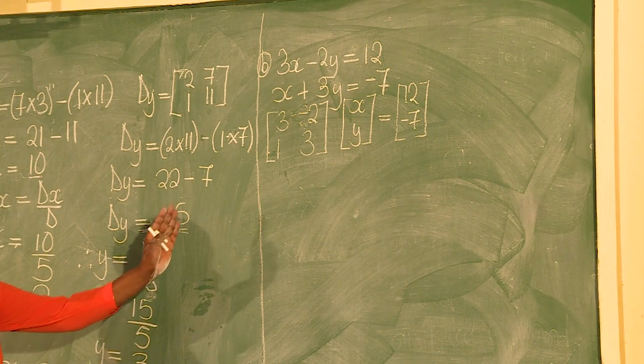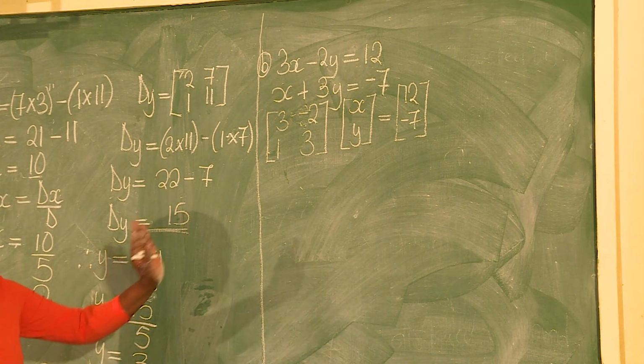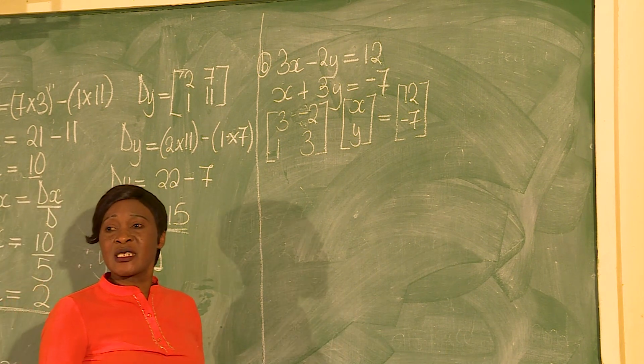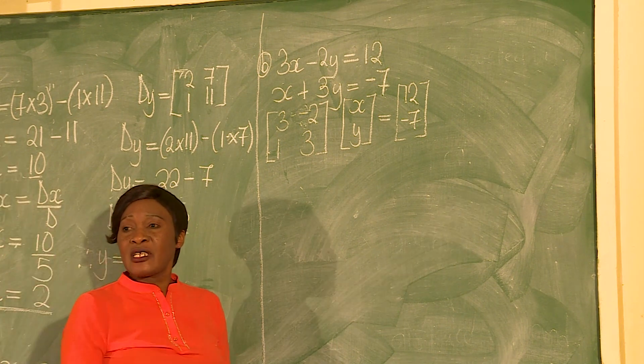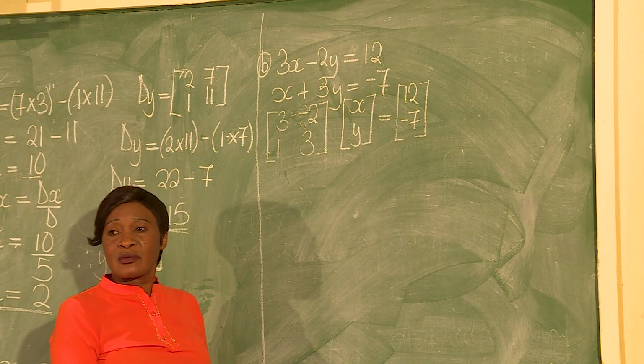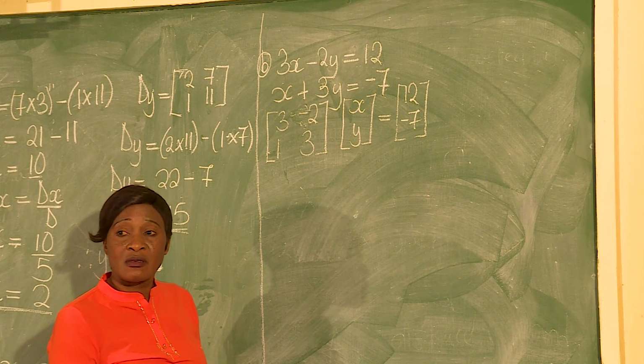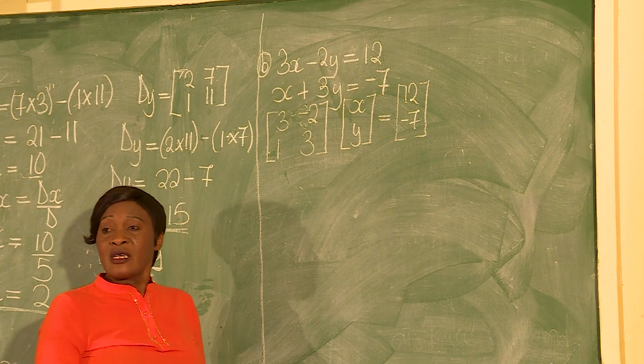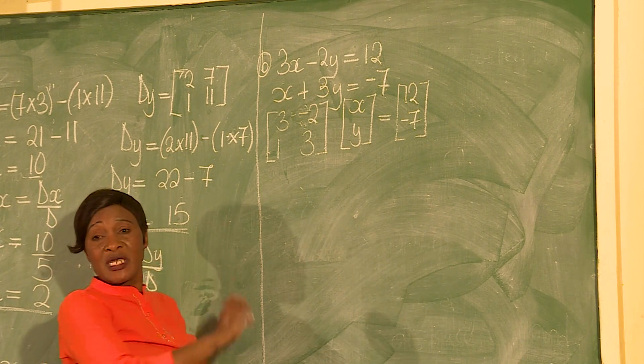Okay, so these are the 3 matrices that we have. So we have found the matrices there. What is the next step? Yes, Charity at the back. We're supposed to find the main determinant. Can you explain to us how we can find the main determinant?